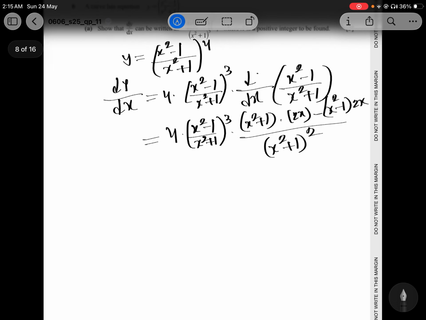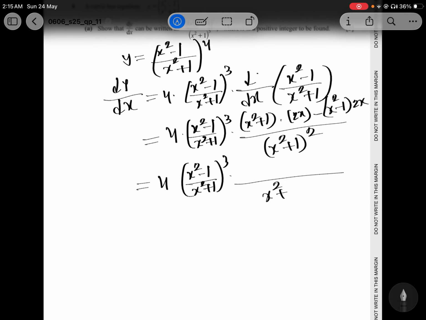So the thing is (x squared minus 1) over (x squared plus 1) to the power 3, over (x squared plus 1) squared. If I take 2x as common, I can write it as x squared plus 1 minus x squared plus 1.